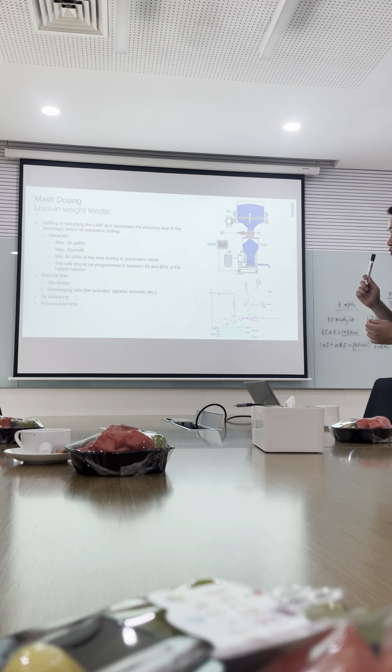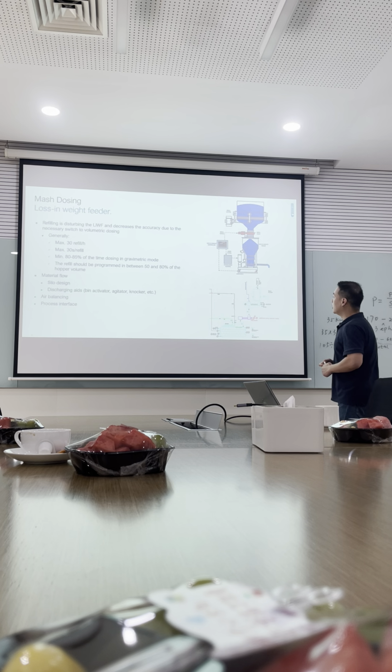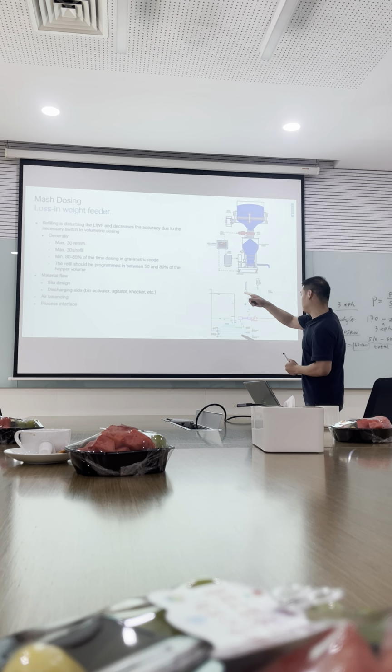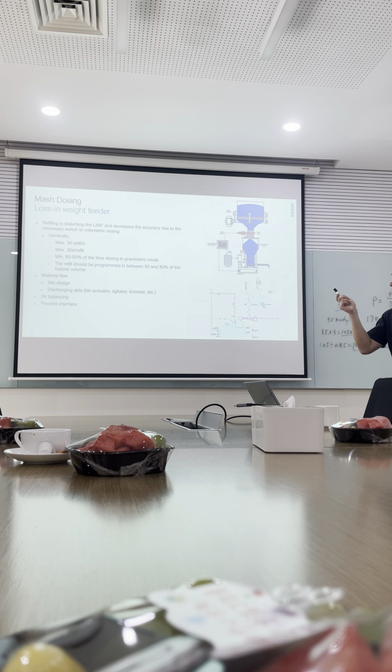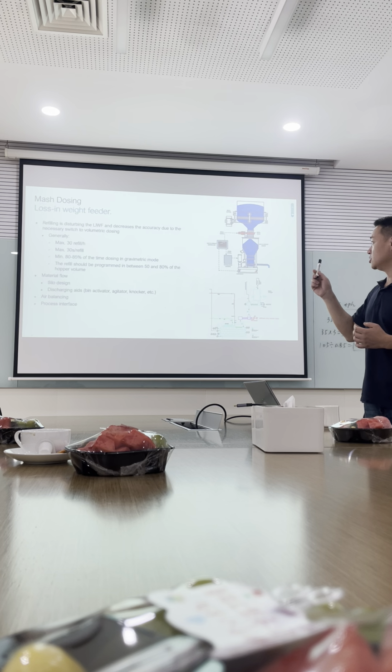So two points. One is we need to limit the refill times, and for every refill we need to limit the refill interval. This is why we need to make sure 80 to 85% of the dosing time is in gravimetric mode.